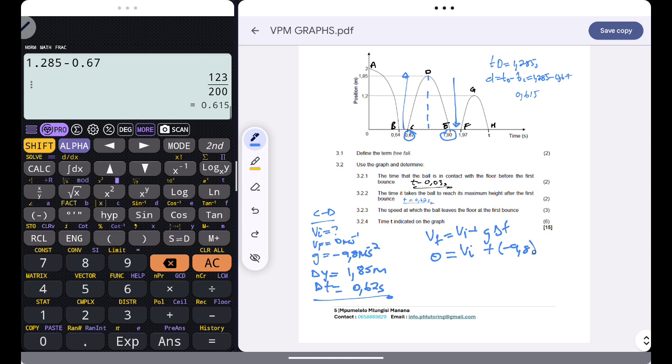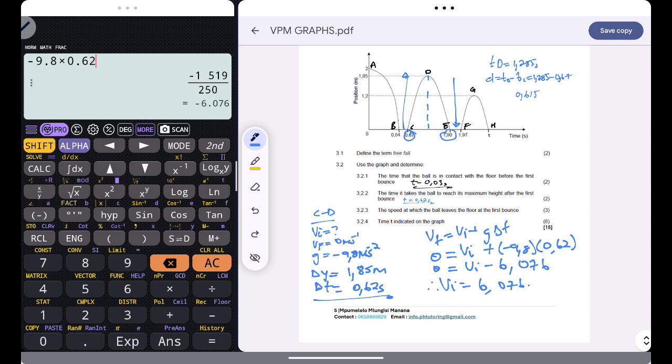That's negative 9.8 times 0.62. Negative 9.8 times 0.62. 0 is equal to Vi minus 6.076. So therefore Vi is just 6.076.